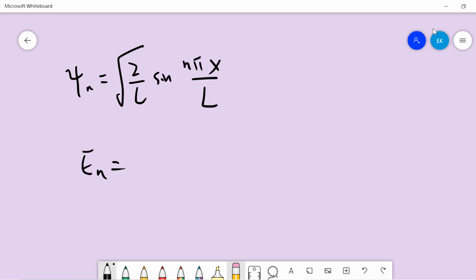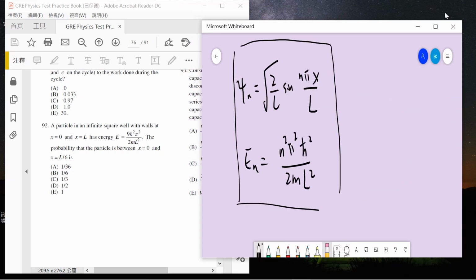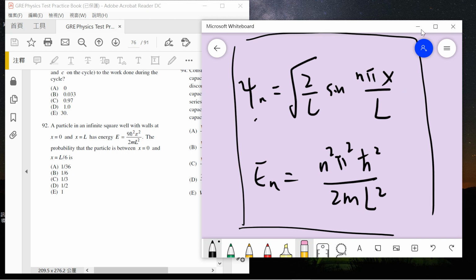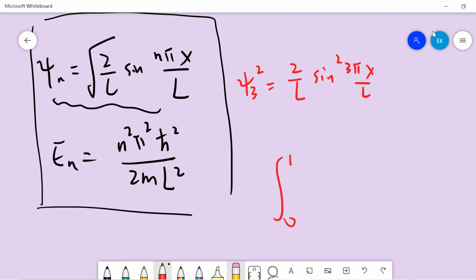When I solved this problem, it was in my head, so I didn't go to Wikipedia and copy it. With n equals 3, you can write down the wave function, and it asks about x from 0 to L over 6. So phi 3 squared is 2 over L sine squared of 3 pi x over L, and then you do the integral.